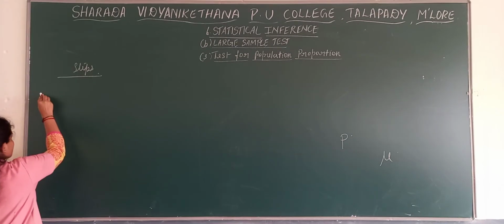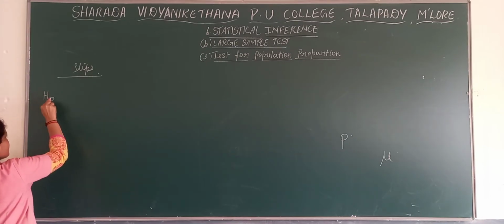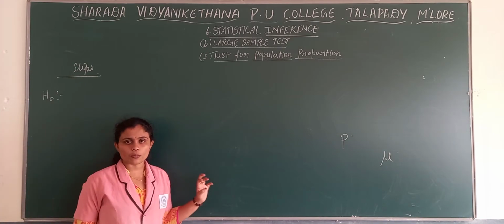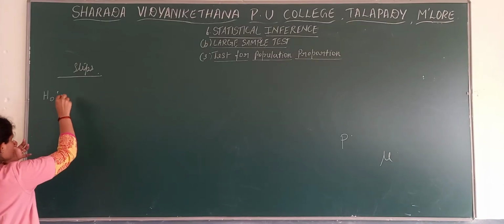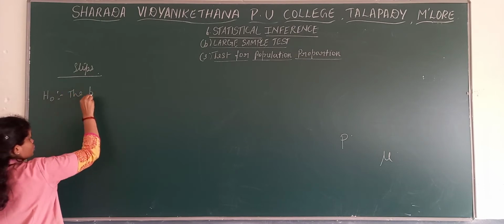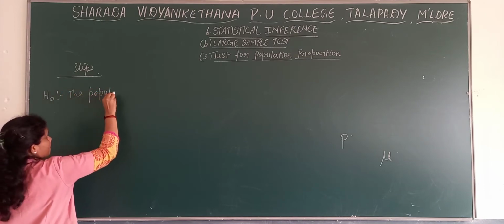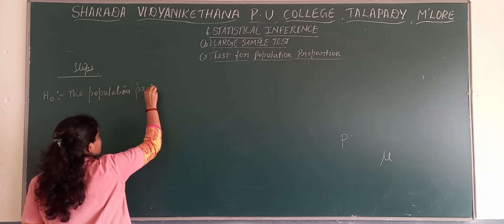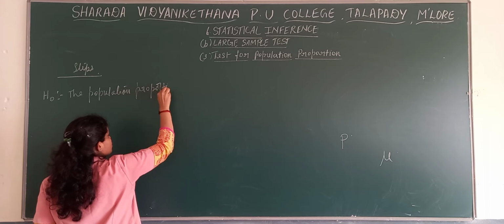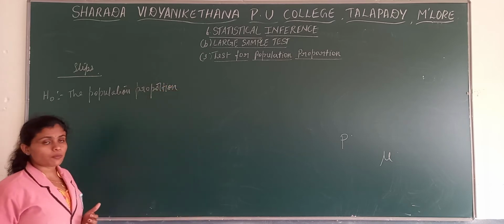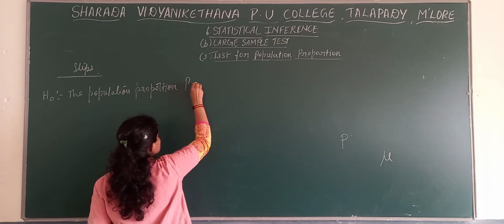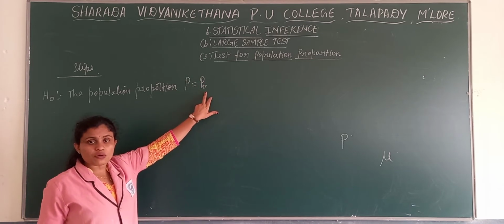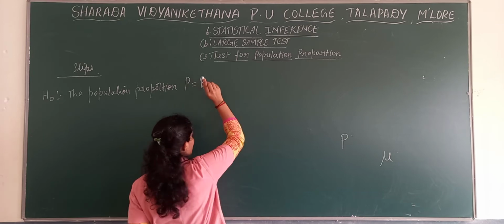Firstly we need to set the null hypothesis. How to set the null hypothesis? In case of population proportion, the null hypothesis is that the population proportion P is equal to P0. What is that P0? P0 is nothing but the value given for testing.